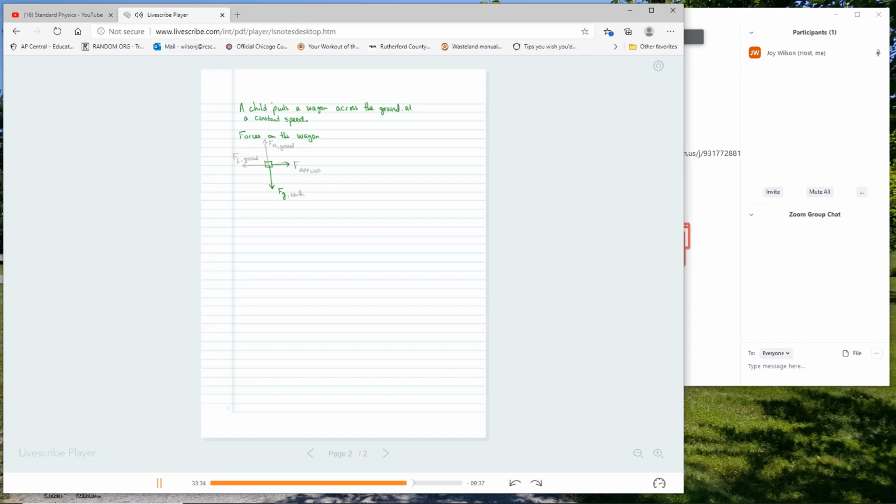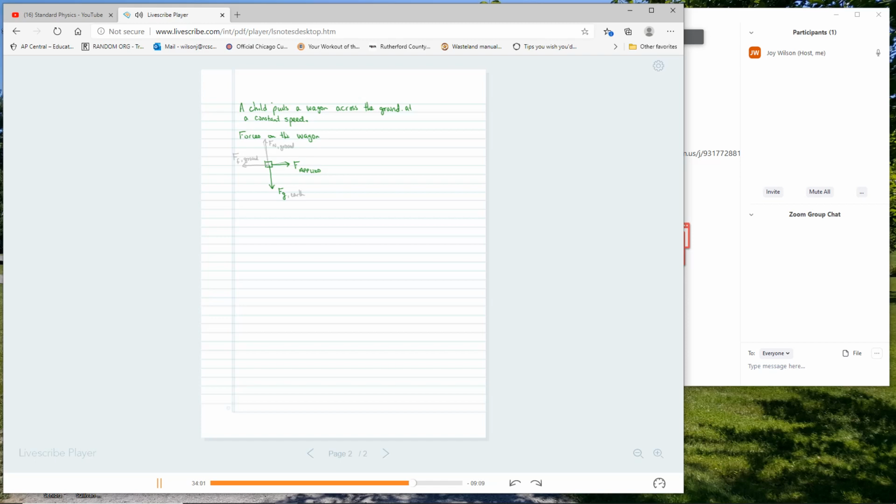So there's an applied force on the wagon. We usually just abbreviate that APP, but I'm going to write it out because it's the first time we've done it. We know the kid is pulling or pushing on the wagon, but we don't know if it's behind it pushing it forward or in front of it with a handle pulling forward. So we're just going to call it applied.